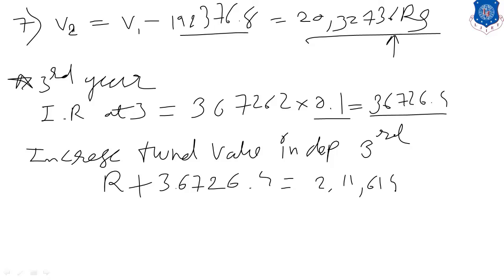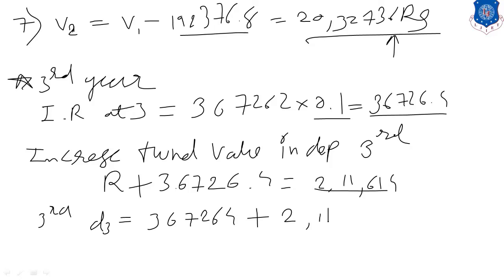So the total depreciable amount for the third year, D3, becomes 3,67,264 plus 2,11,614. So it becomes 5,78,878.4 rupees. So this is the depreciable value for the third year.